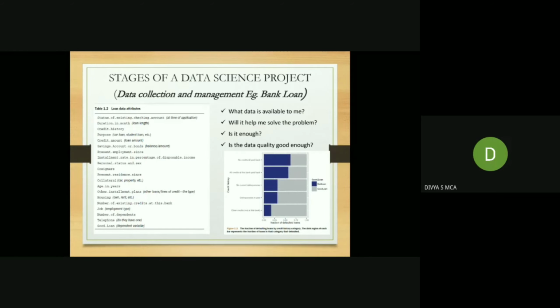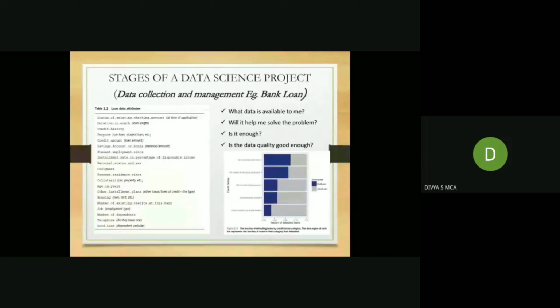Let us consider the same example, bank application data. In the table, I have given the loan data attributes. In that, you will have many attributes like duration in months, credit history, the purpose, the credit amount, whether it is a savings bank account or bond, whether they are getting the loan as a present employee, and then installment rate.